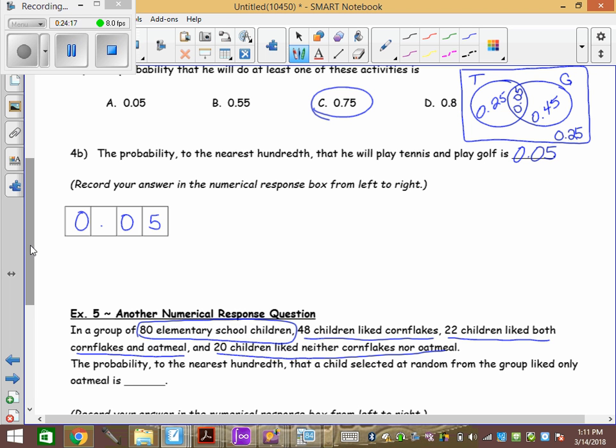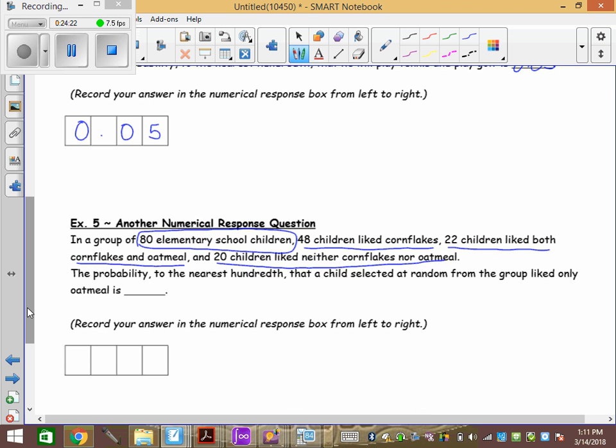What's the total? 80. So if I want the probability of liking cornflakes, I'd go 48 divided by 80. What's 48 divided by 80 reduced to? 0.6, or 3 over 5.